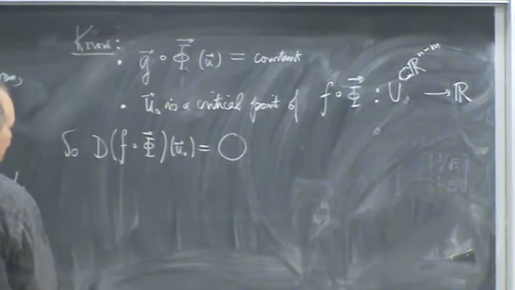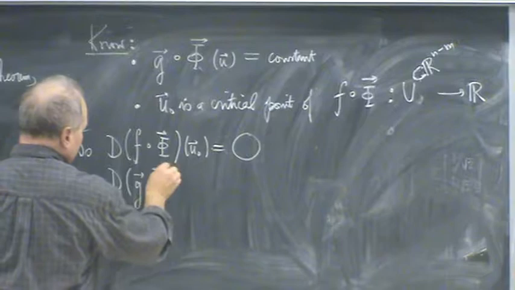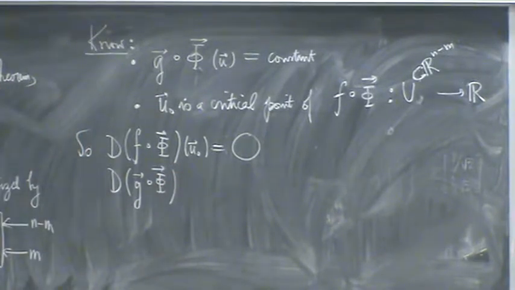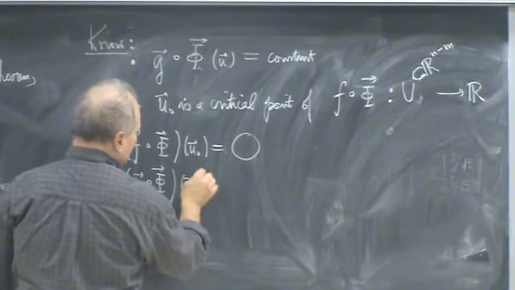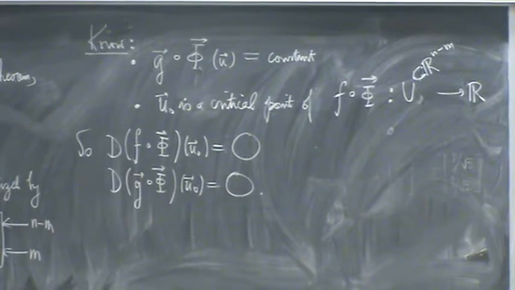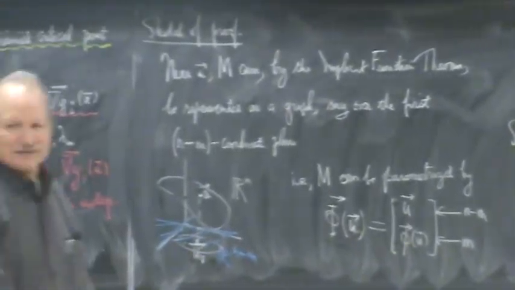What do we know about the derivative of g composed with phi? It's also 0, because you're differentiating a constant function. What's the derivative of a constant function? Zippo. So I have two derivatives that are both 0. That doesn't mean they're equal.